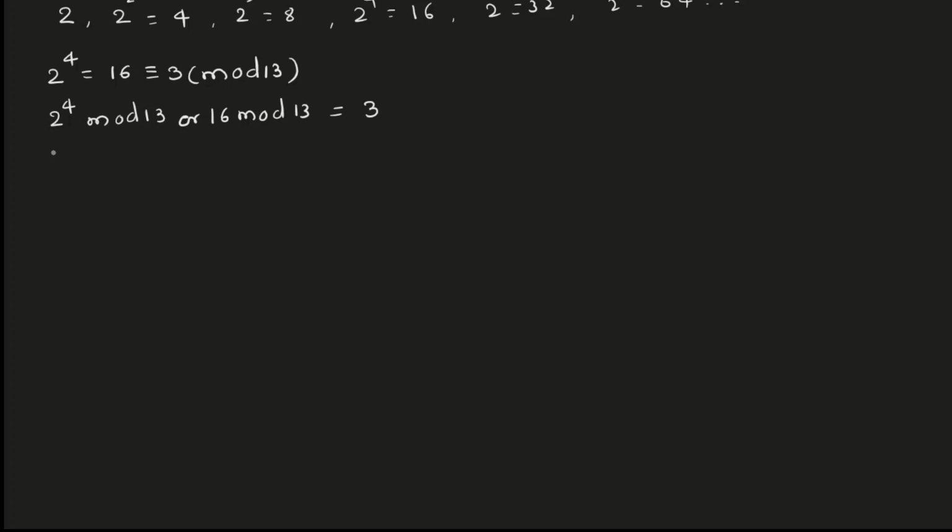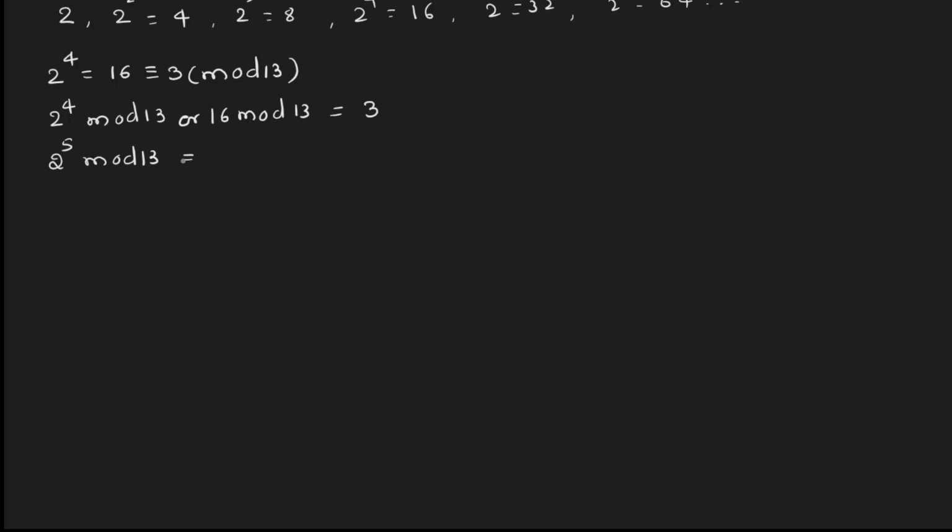Then 2 raised to 5. 2 raised to 5 is what? It is 32. So 2 raised to 5 mod 13 is 32 mod 13.